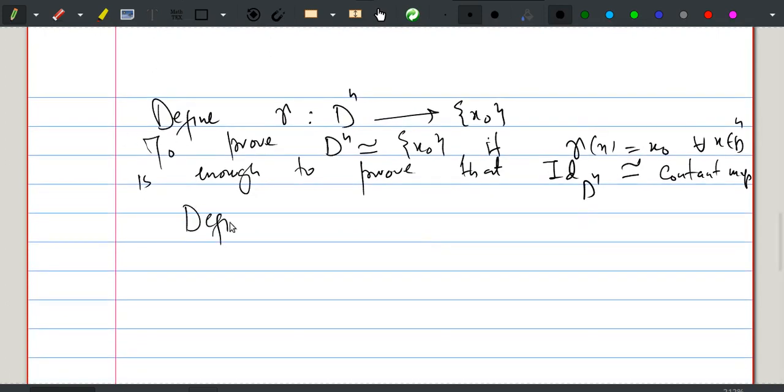Define. So again we are going to define a linear homotopy.